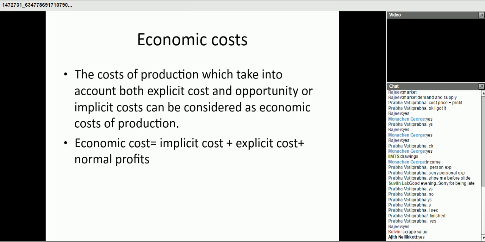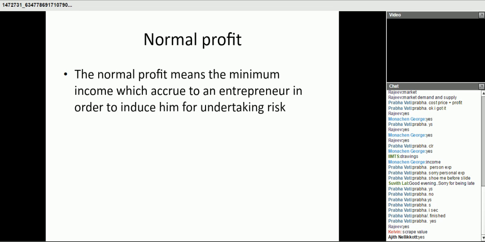That is normal profit. So that is another concept of cost, economic cost. What is normal profit? It means the minimum income which accrues to the entrepreneur in order to induce him to undertake the risk. That is normal profit. Okay.